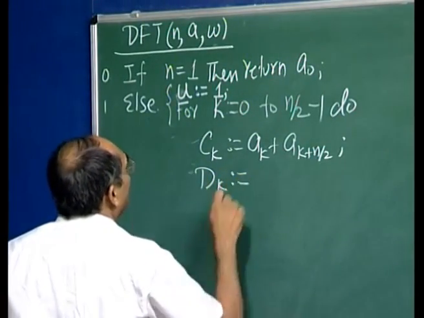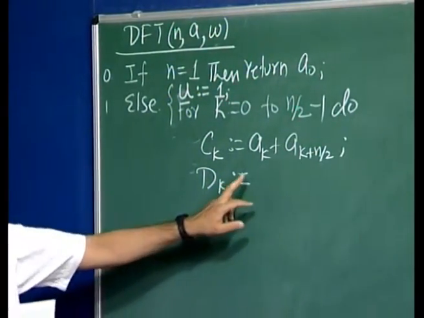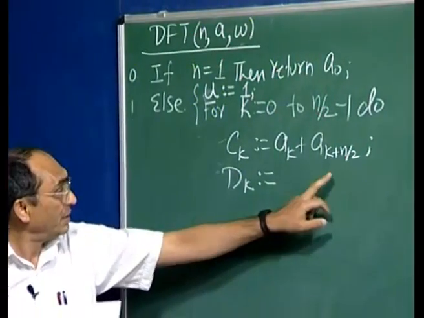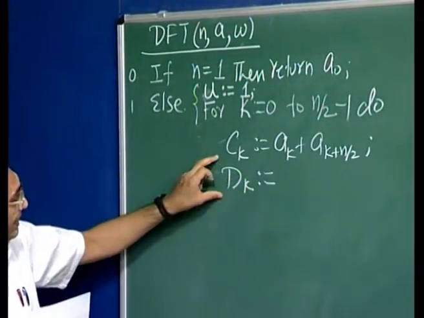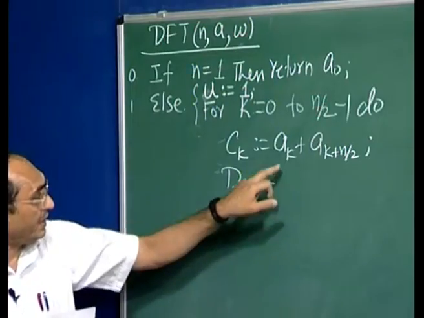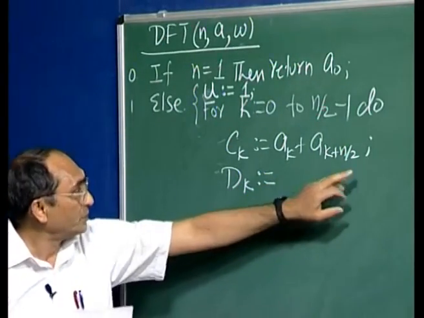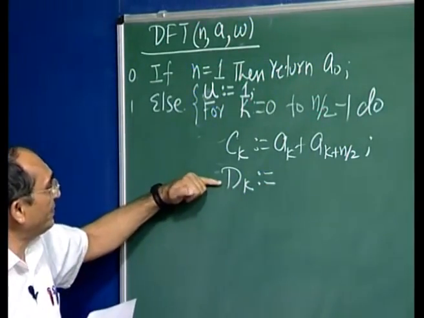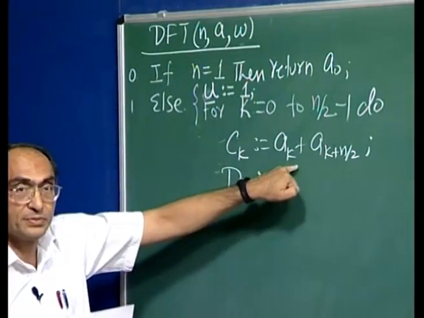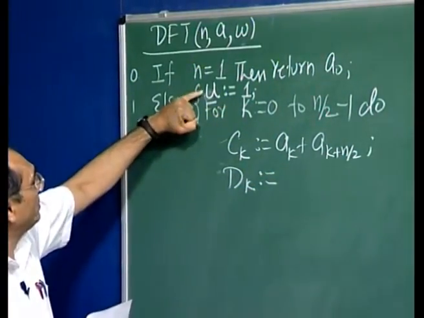dk. Recall that we had d prime and d. D prime was simply the difference, but in dk we will have w power k times this. So, for each component we will have different power of w, and that is what u will be.